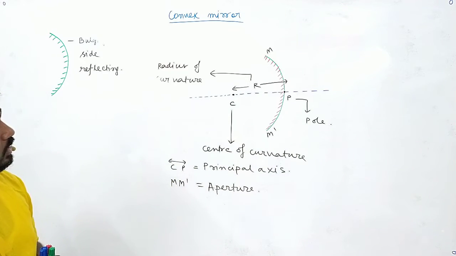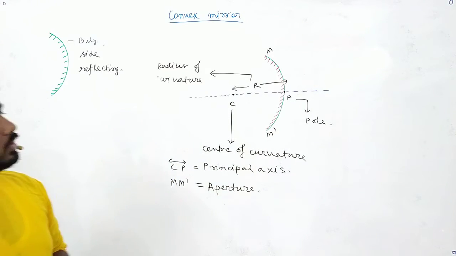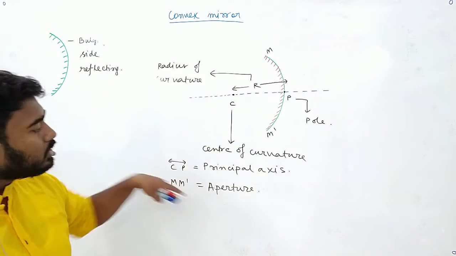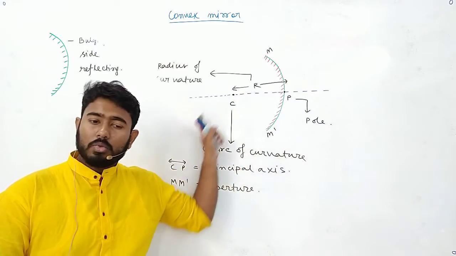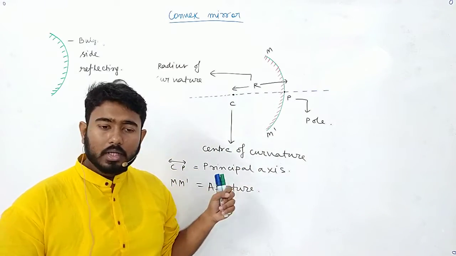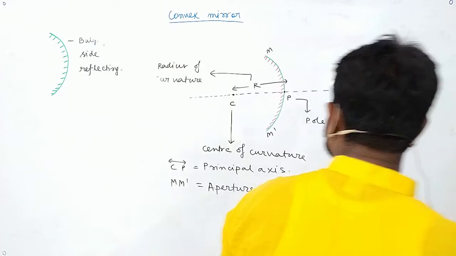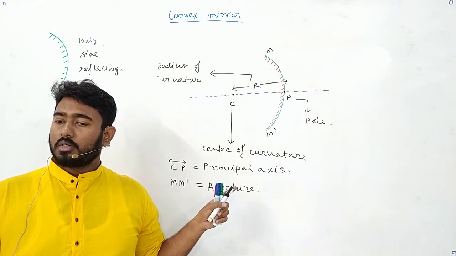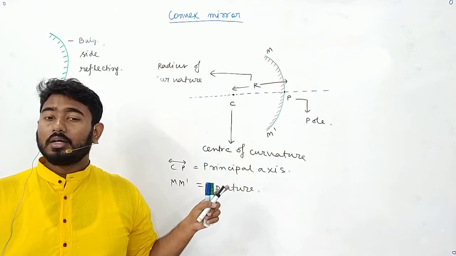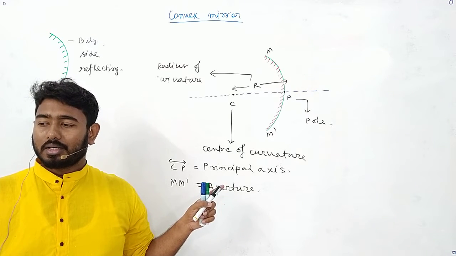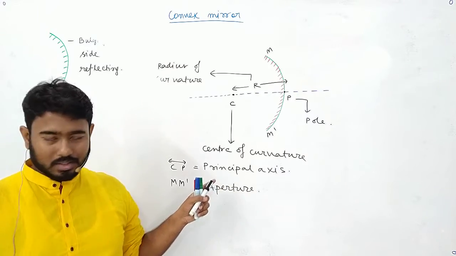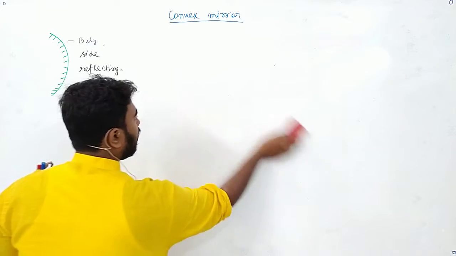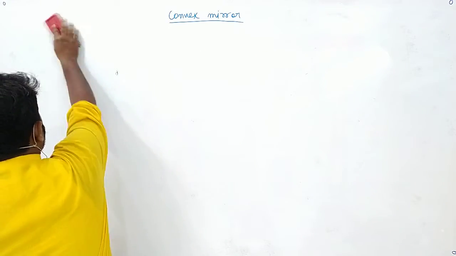Now tell me one thing. If I compare this convex mirror with a concave mirror, can you tell me in both the cases where will be the position of center of curvature? In the right side. Okay, let us draw both of the cases and compare a concave mirror with a convex mirror.